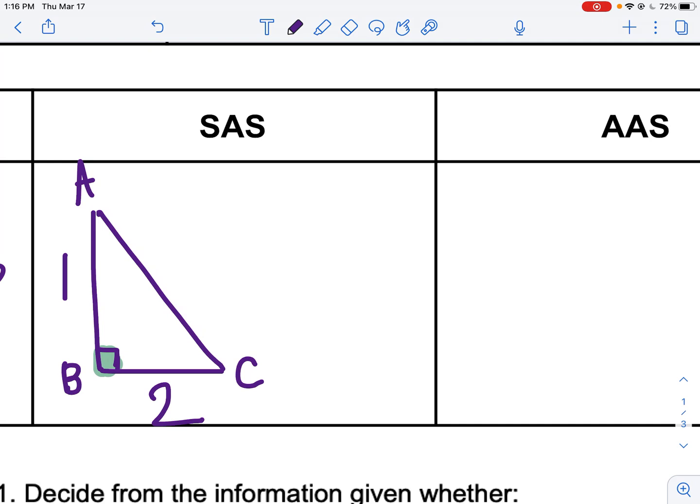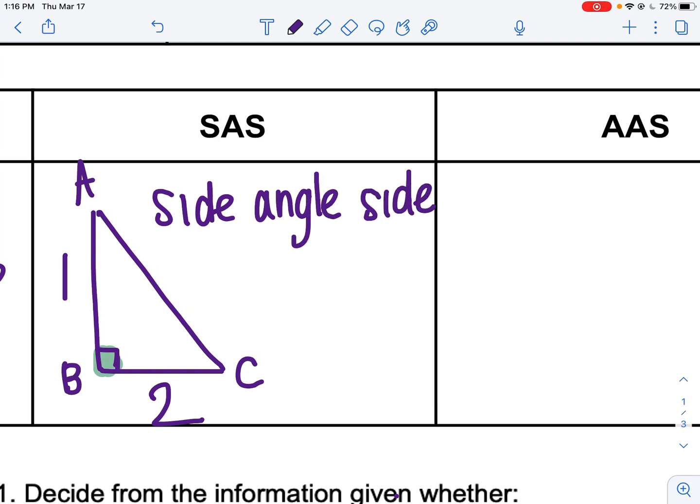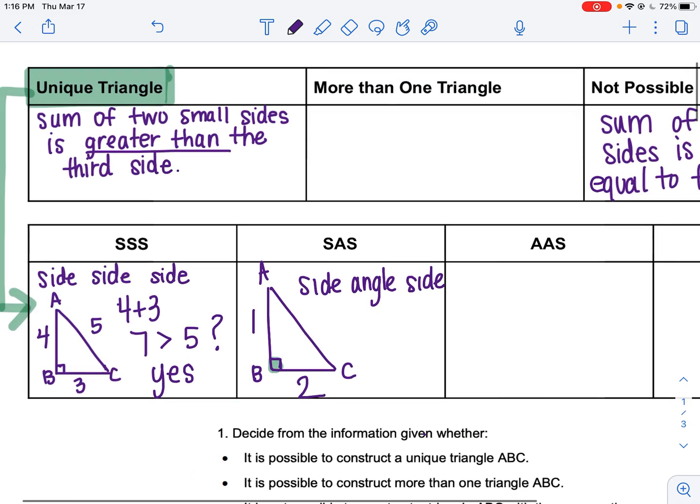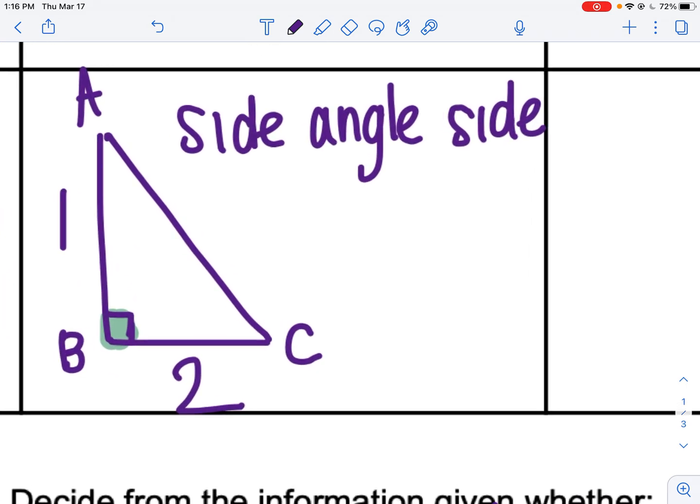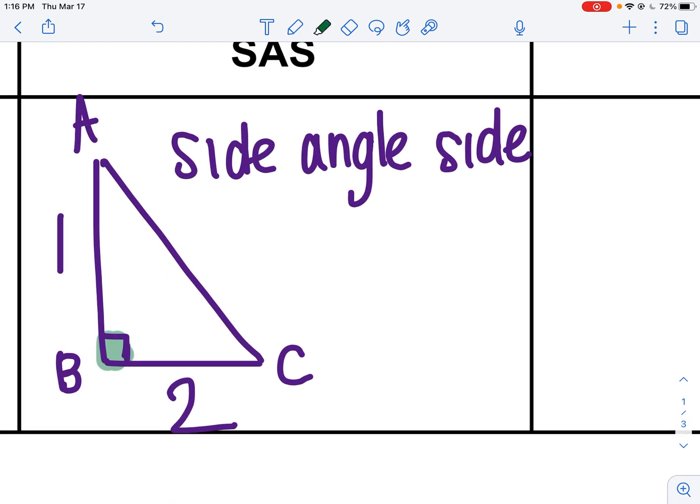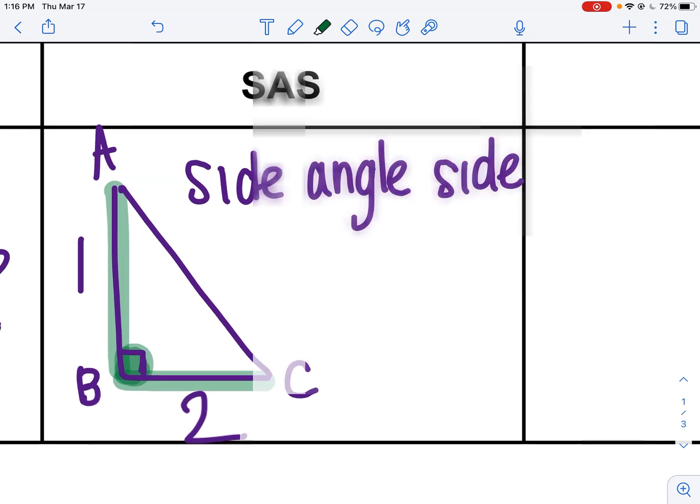That means it's a side, angle, side unique triangle. So if for some reason you're not given 3 measurements on the triangle, you just look for this pattern. Is there a side located next to an angle located next to a side? Well, then we'd say it's a unique triangle with side, angle, side properties.